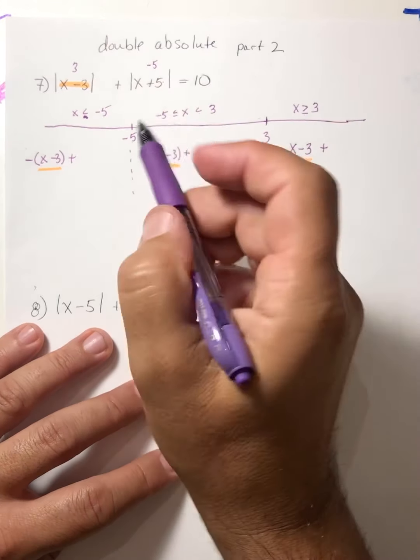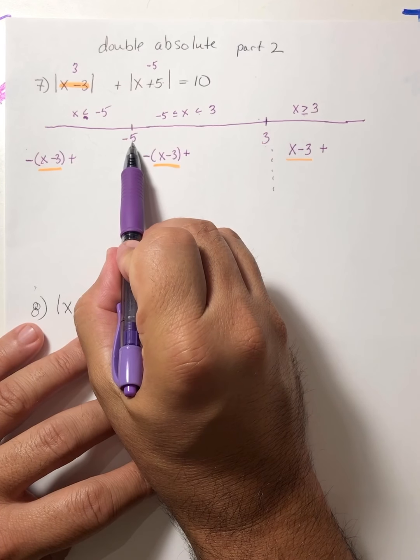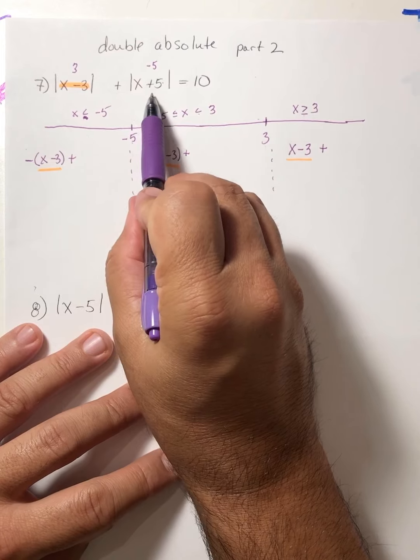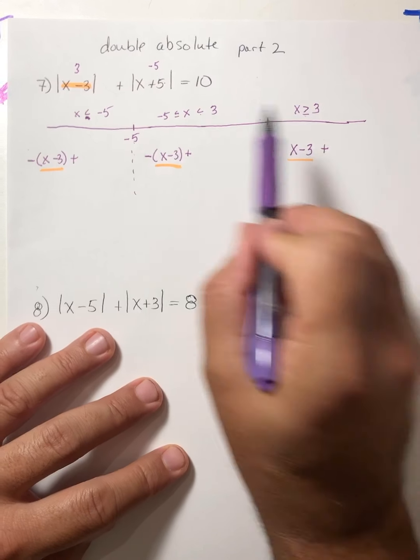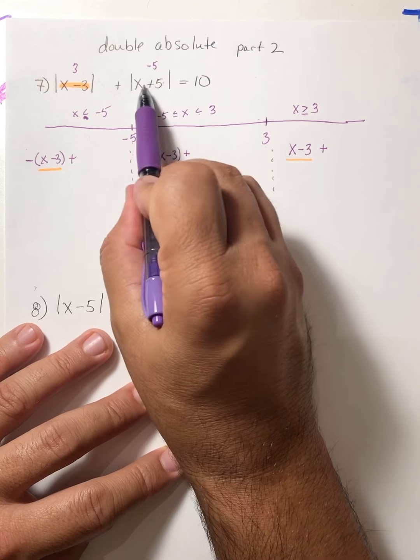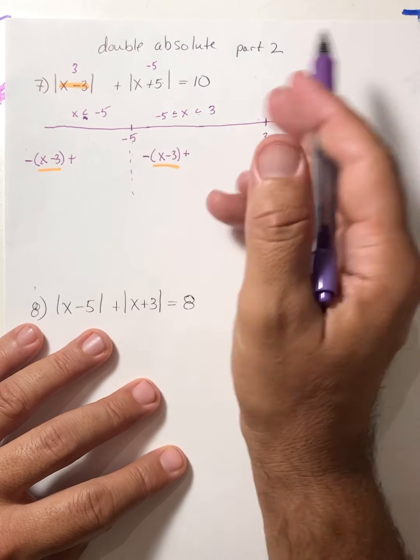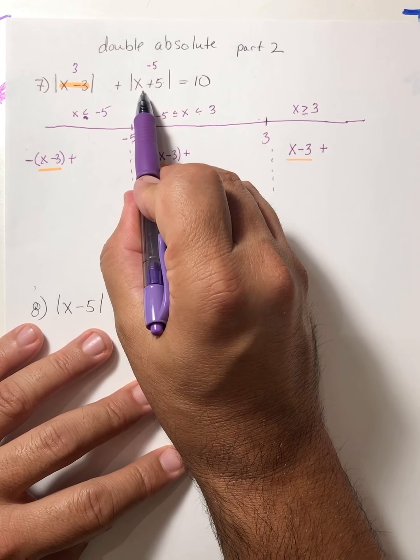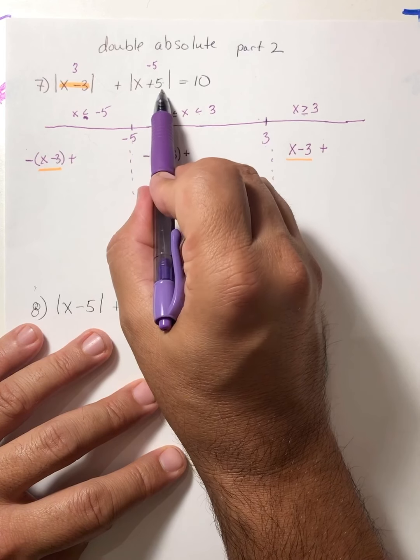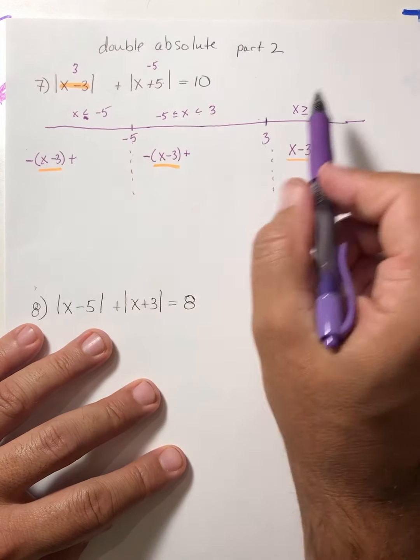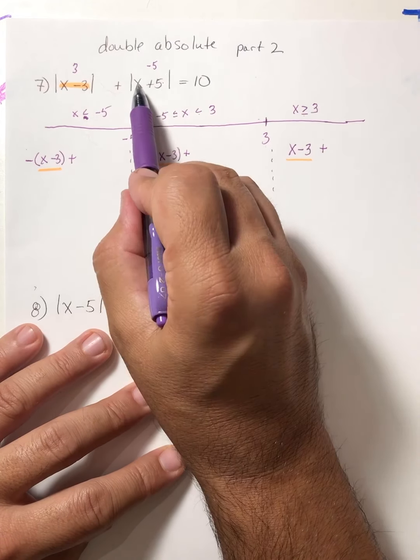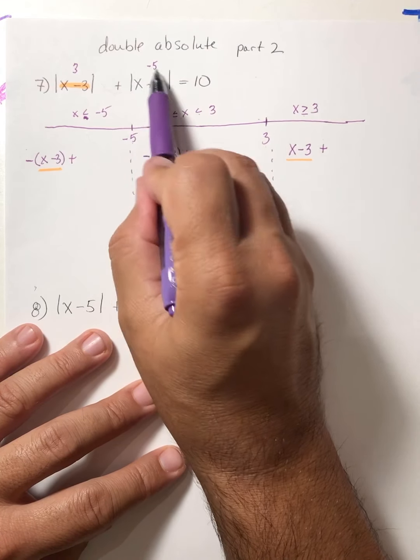All right, here's negative 5, my dividing line. Everything to the right of negative 5 is positive for this piece. So when I plug in a number bigger than negative 5, negative 4, negative 3, negative 2, negative 1, 3, 4, 5, numbers inside here are positive.